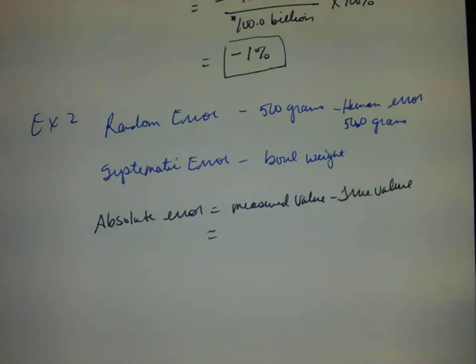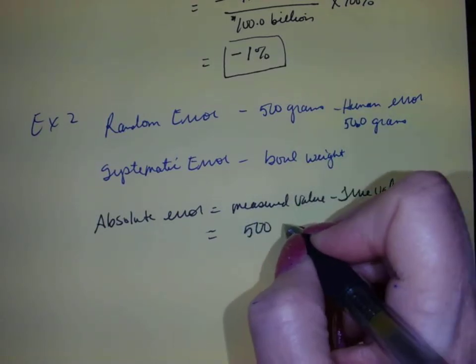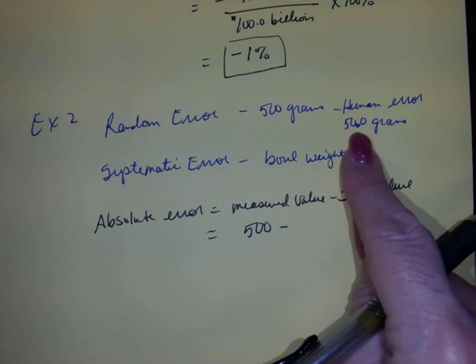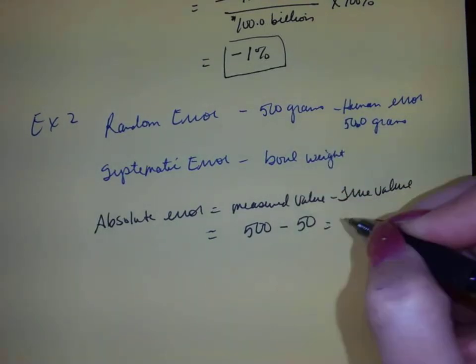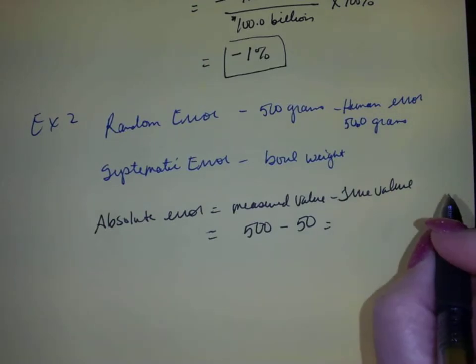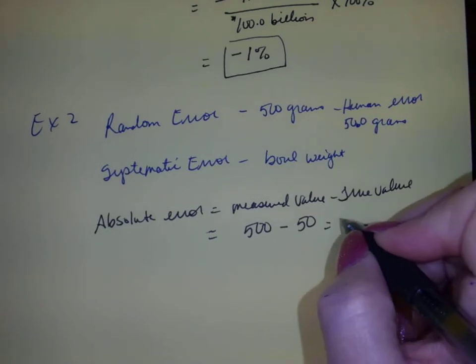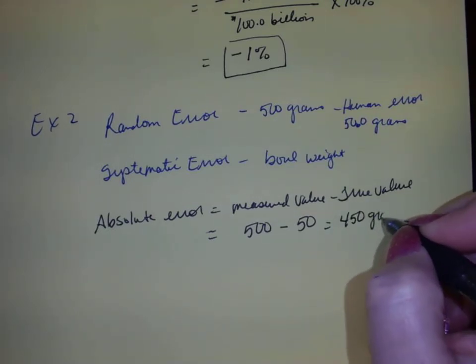So the measured value for this one was 500 grams, right? 500 minus what we think the true value should have been, 50. 50 makes more sense. It goes with the rest of those measurements of 47, 48, 38. We had another 50. So that's going to be a difference of 450 grams.